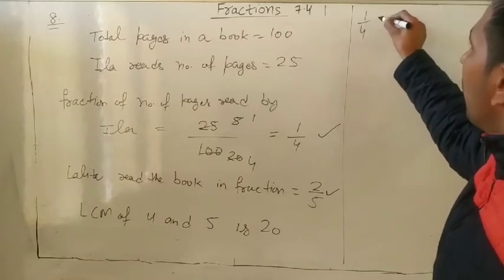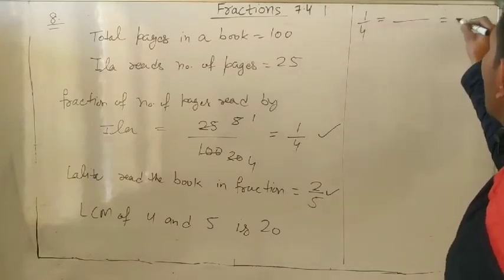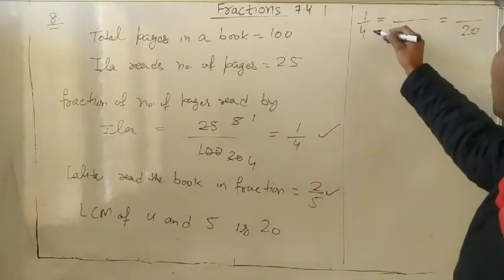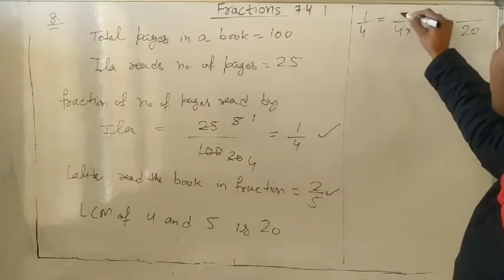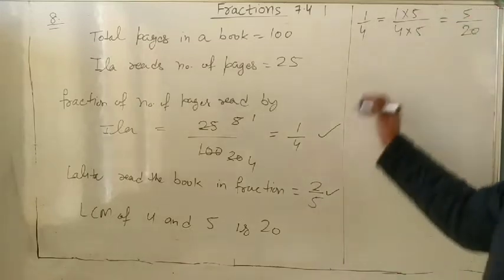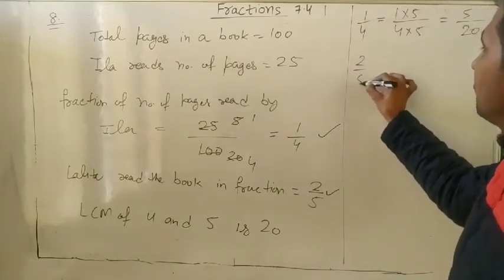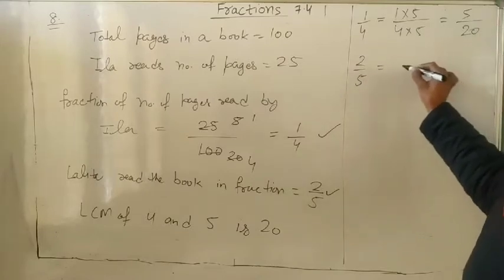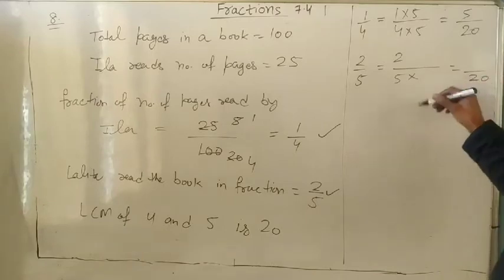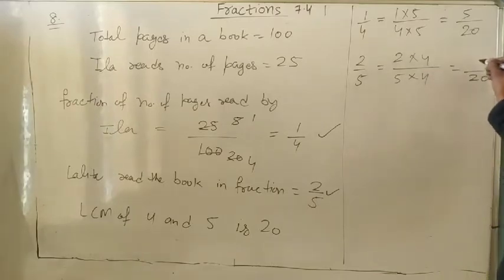1 upon 4. What number will you multiply by 4 to make it 20? 5. So 1 into 5, it means 5 divided by 20. Same as it is, 2 upon 5. What number do you multiply by 5 to make it 20? 4. So 2 into 4, 8 by 20.